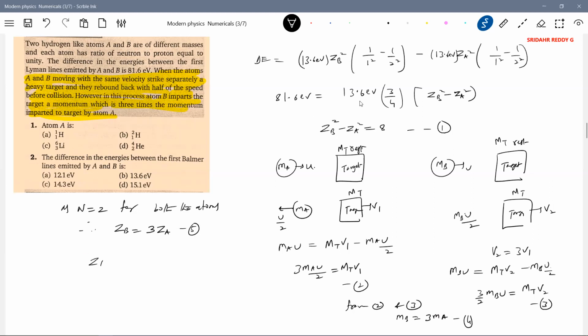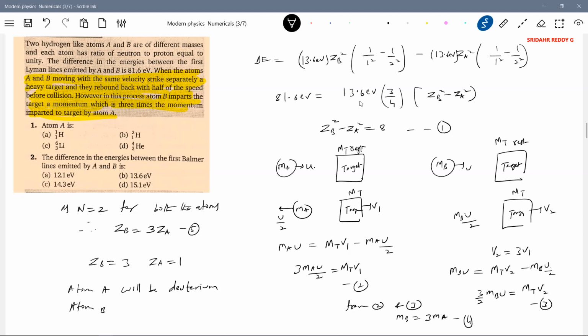A is deuterium and B is lithium. So atom A will be deuterium.